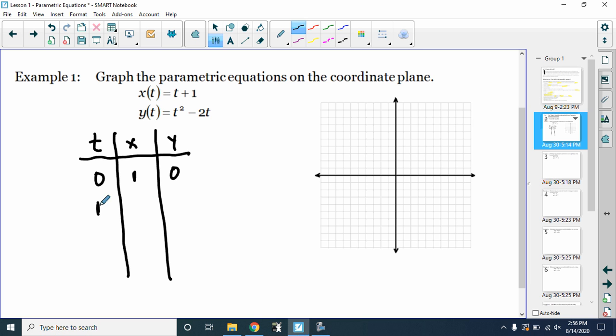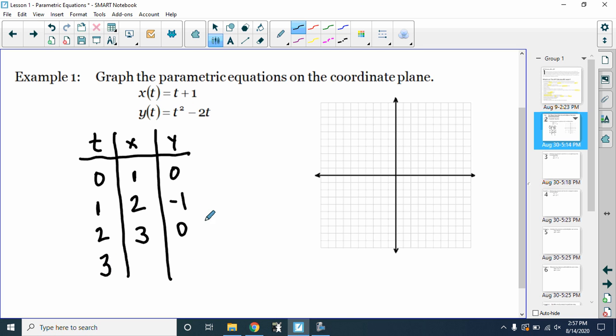Plugging in 1 for t gives me an x value of 2, and a y value of 1 minus 2. Plug in 2 for time gives me 3, and 2 squared, 4 minus 4.